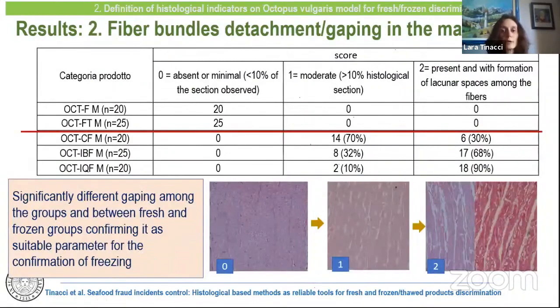About the fiber bundles detachment, a clear separation between the fresh and frozen sample was observed, and this confirmed that the gaping among the group could be applied as a suitable parameter for the discrimination between fresh and frozen products.